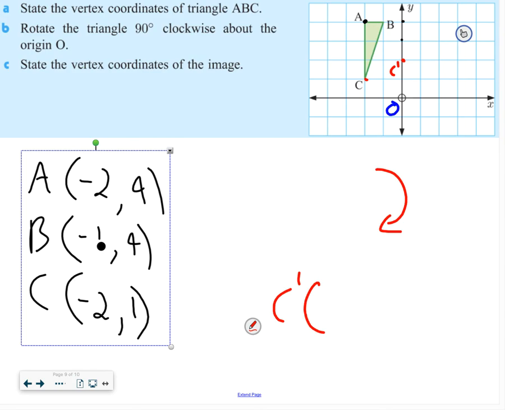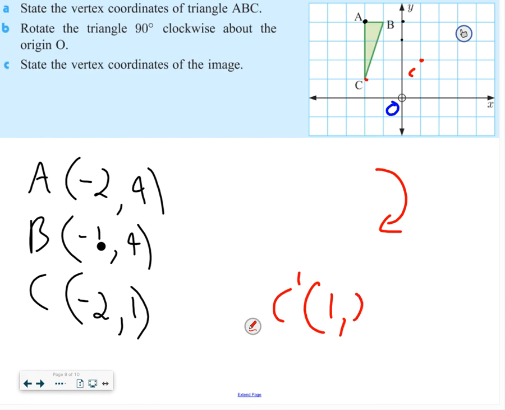Oh, I'm sorry, that wasn't quite right. C prime, 90 degrees, is going to be here. So that's C prime. Notice that this is going to be 1, 2.